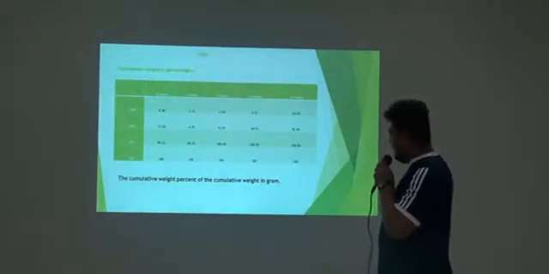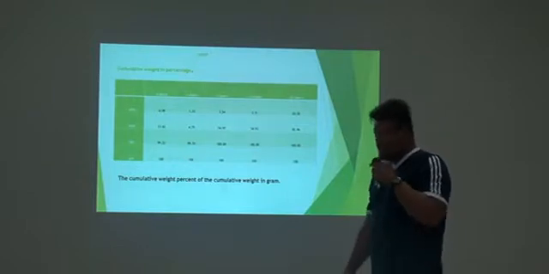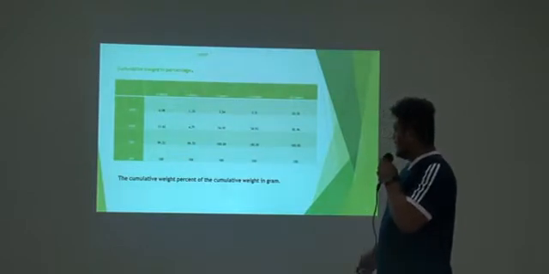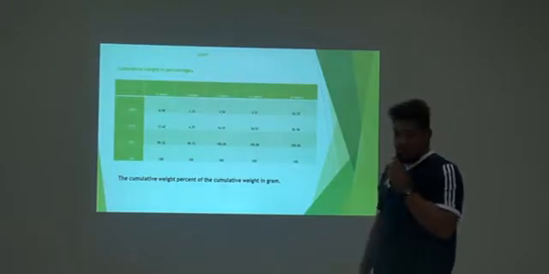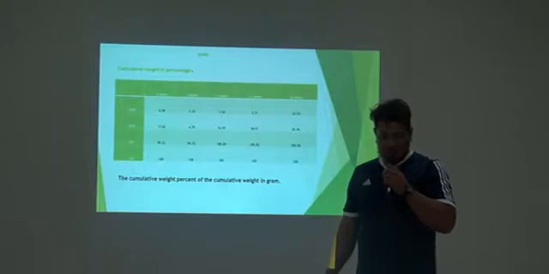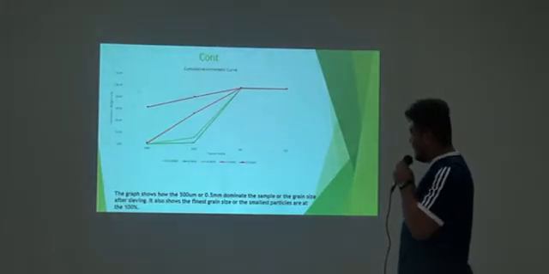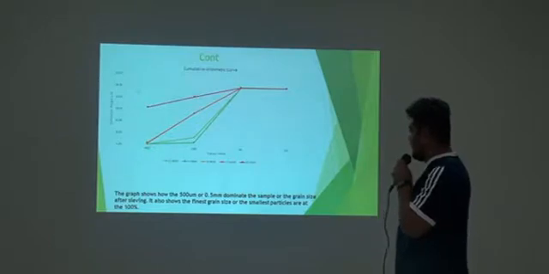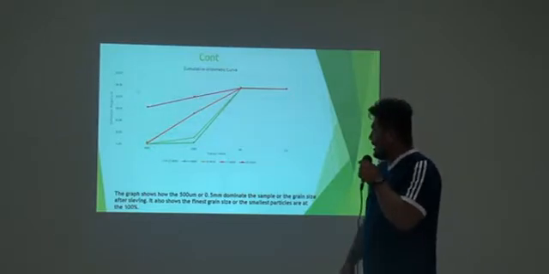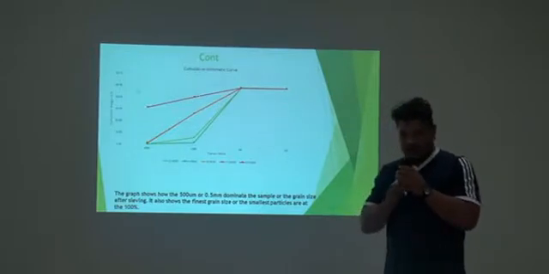And then we continue with cumulative weight in percentage. We do the same thing. We collect the data and put it on the table, weigh it, and then analyze it on the graph. We use the graph to tell us the difference of sediment and the percentage of how sediment are deposited on the profile in Hatafu.